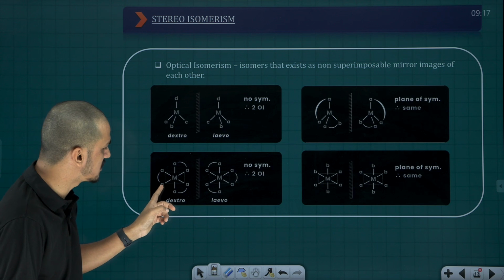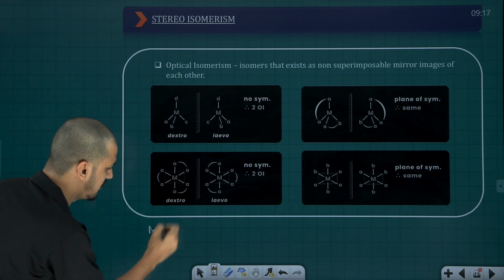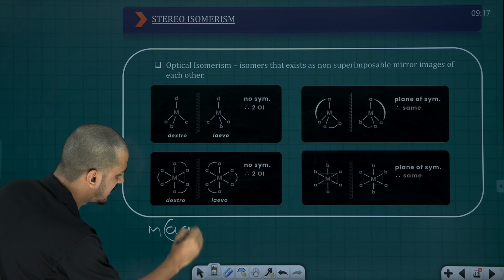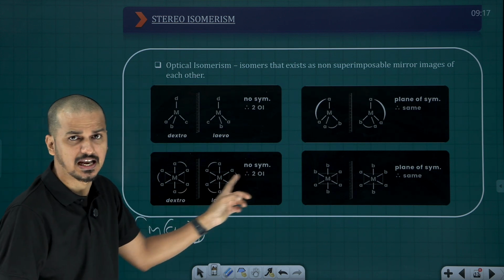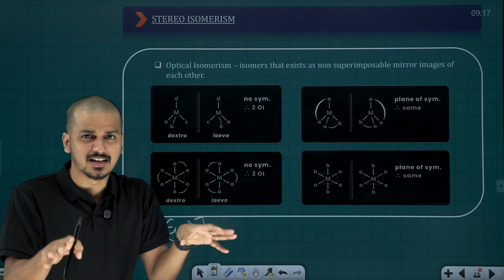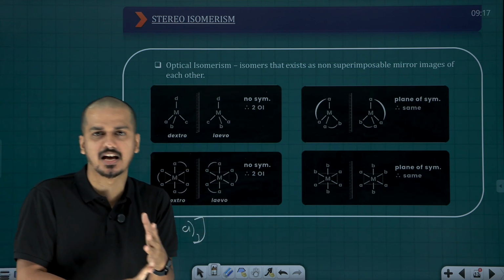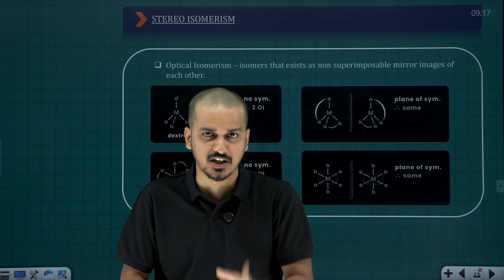So here you can see the next one I gave is M(AA) thrice, which has 2 optical isomers. You have to remember that if, along with the central metal atom, all the ligands are different, then optical activity is possible.